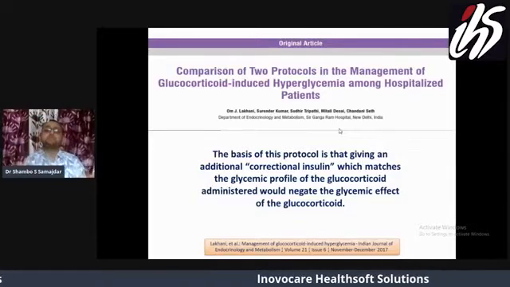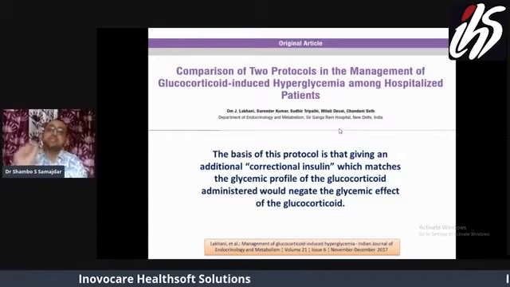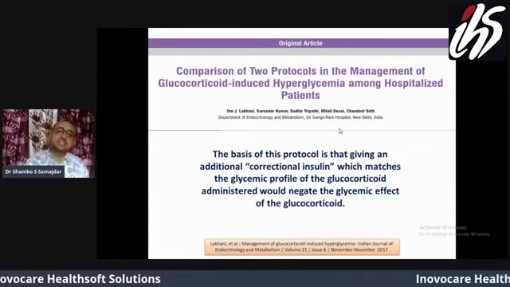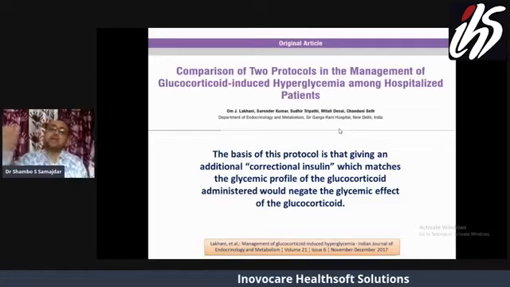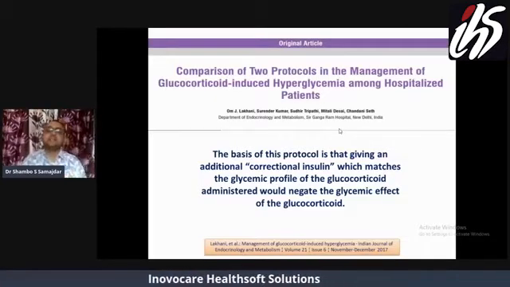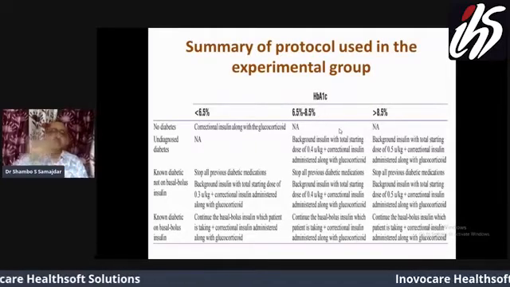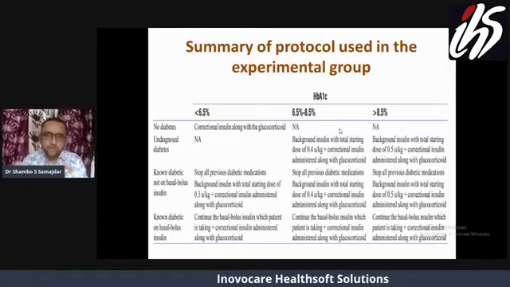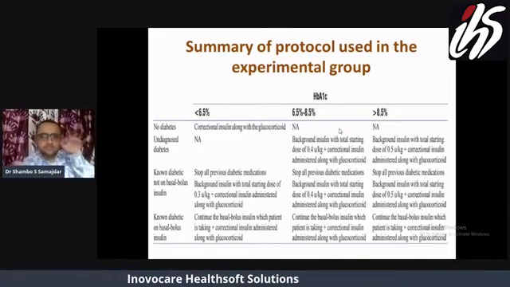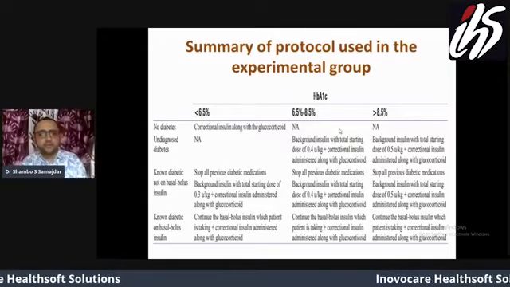The basis of this protocol is giving an additional correctional insulin which matches the glycemic profile of the glucocorticoid administered, and that would negate the glycemic effect of the glucocorticoid. Just the pharmacokinetic and pharmacodynamic matching of a glucocorticoid with a specific insulin can give huge benefit.